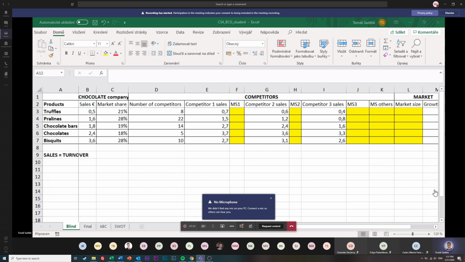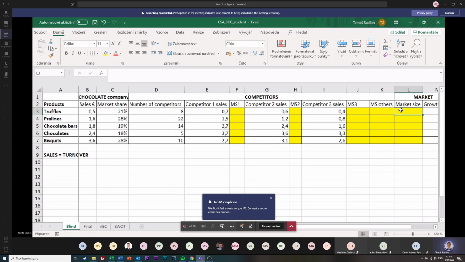So how to calculate it? The first thing for the calculations is to calculate the market size. How to calculate it?